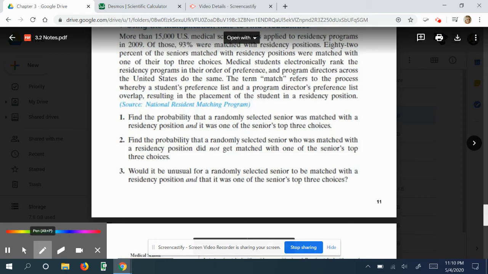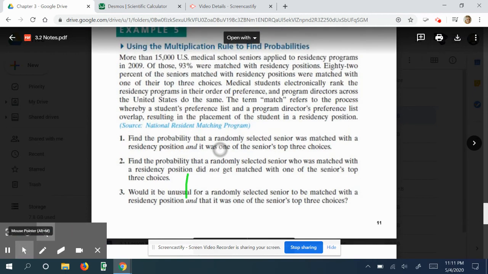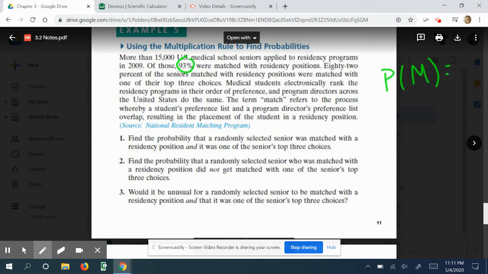Okay. Now, it says, find the probability that a randomly selected senior was matched with a residency position and it was one of the senior's top 3 choices. Okay. So, the 2 numbers that we're looking at are this. 93% were matched. So, the probability of a match is 0.93.